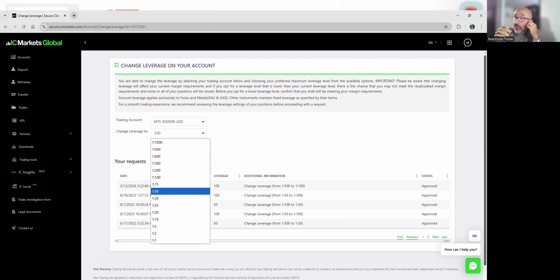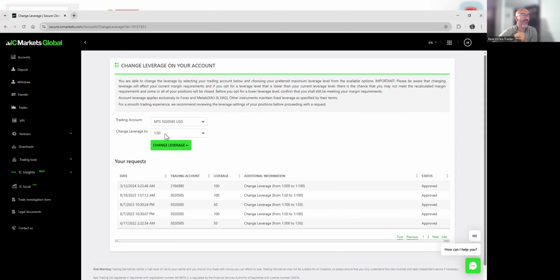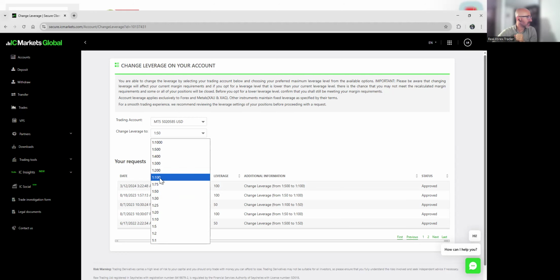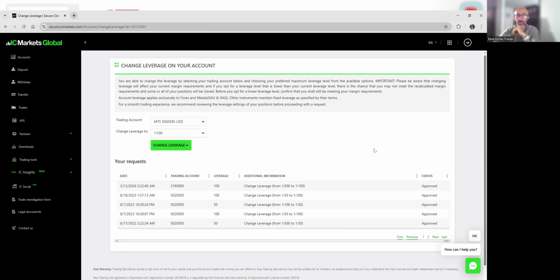That depends on the broker and particular regulations. As you can see, I have my leverage at 1-50, but you can also set it to 1-100.